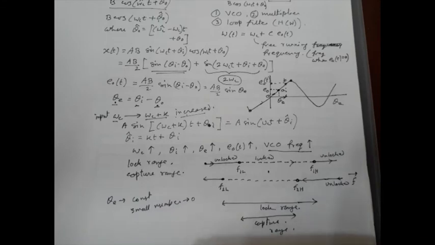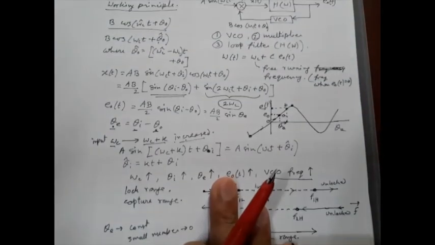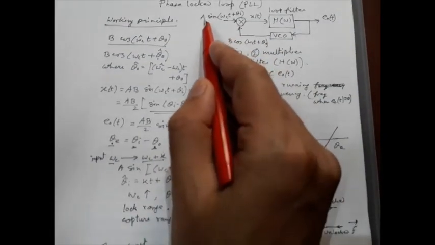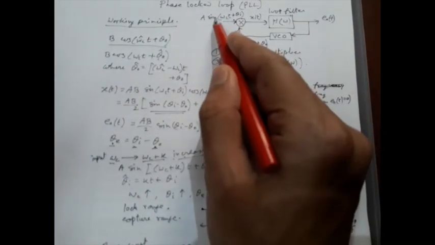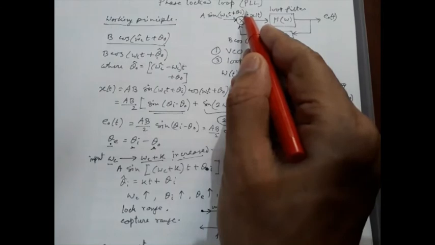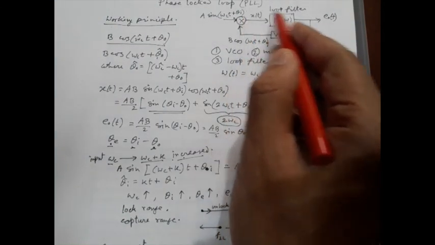Now if the input sinusoid is noisy in nature, the PLL will not only track the sinusoid but also clean it up. That means if this signal consists of some noise along with it, the PLL will track the signal and the added noise will not get tracked.